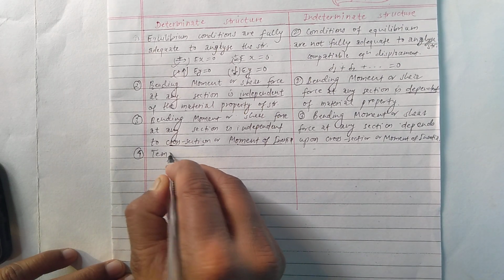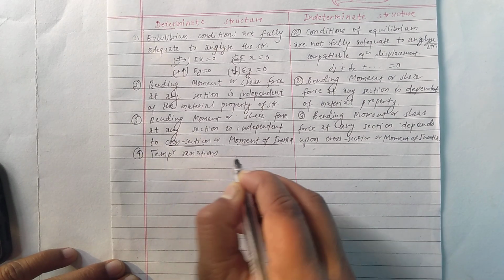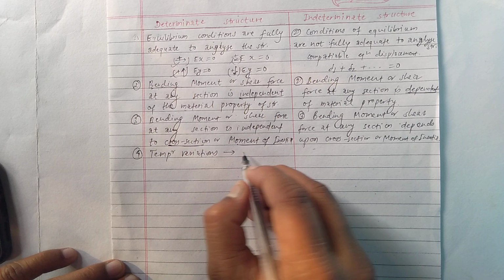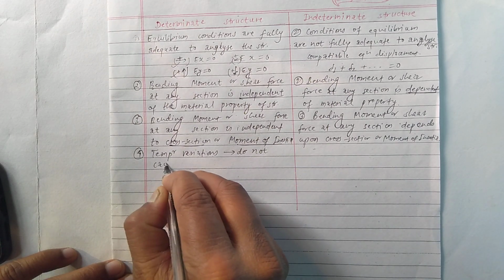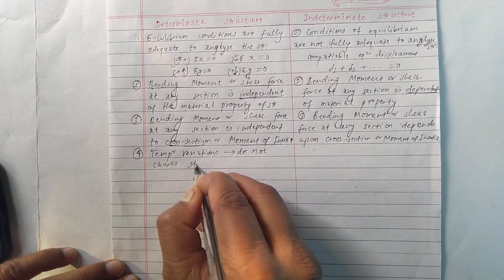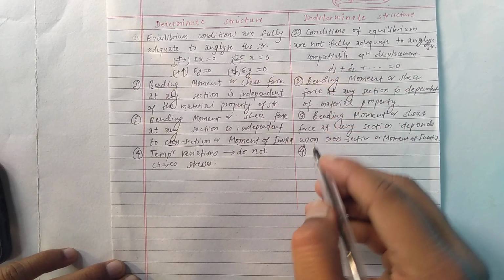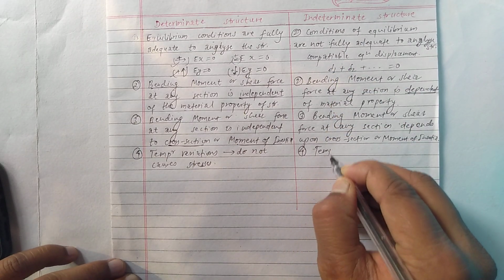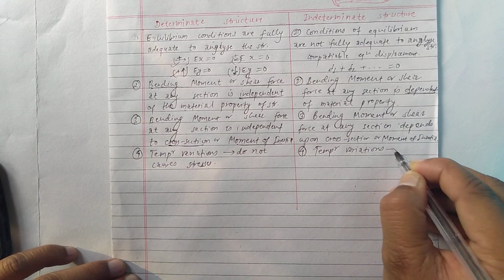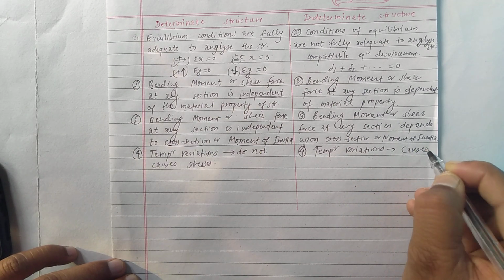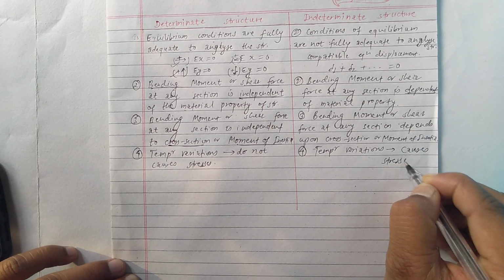And the next, fourth point is temperature variation. In a determinate structure, temperature variations do not cause stresses, but in an indeterminate structure the temperature variations cause stresses.